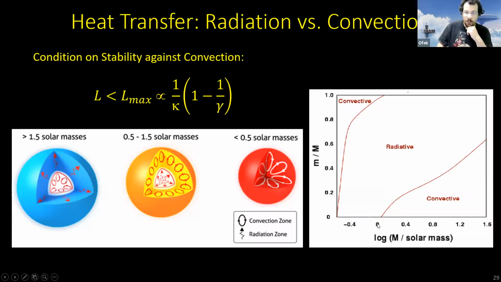You can see it's radiative for most of the star until about a mass of maybe 85 or 90% of the mass, and then the outside is convective. While heavier stars will be convective on the inside and then radiative on the outside, while small stars are going to be basically fully convective.